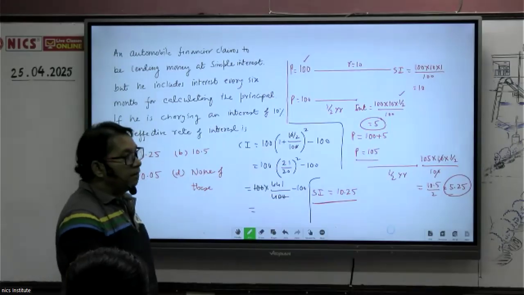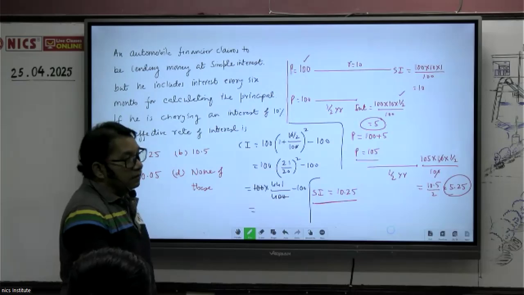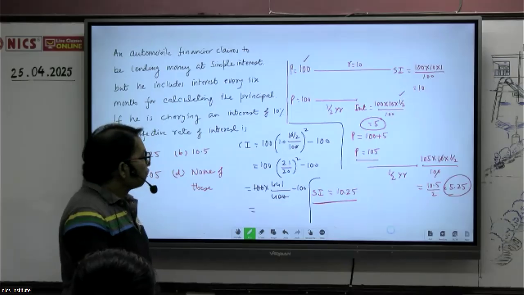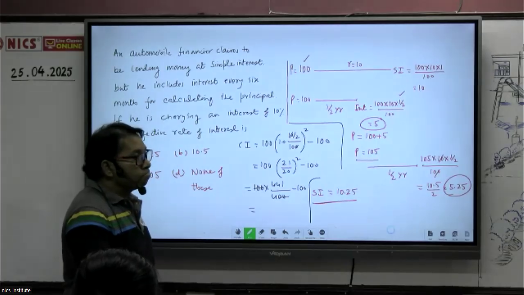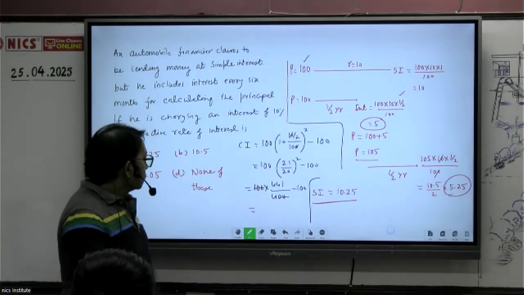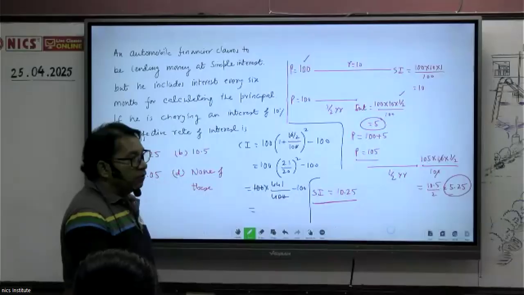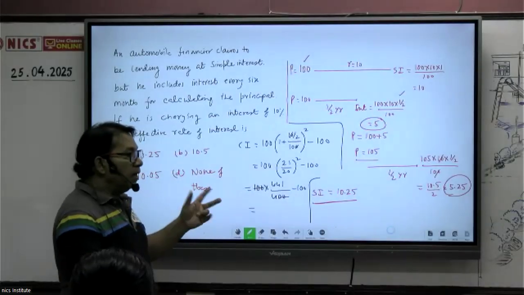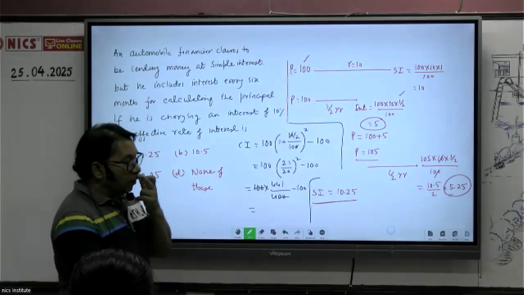It'll be difficult, slightly difficult, but you can. Right. And initial is P. You can see the multiplier of P. What is the multiplier of P?